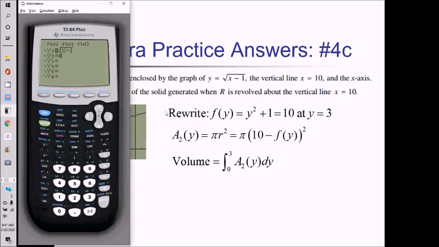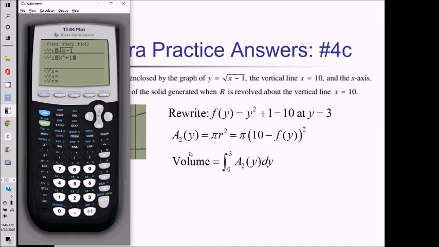To make this task a little bit more manageable, I'm going to do some work in my y equals. For one thing, I'm going to enter this f of y function in my y equals, only I can't really use y in here. I'm going to use x instead. I'm going to call this x squared plus 1. And it'll be okay using x's instead of y's. You'll see, as long as we do our integral function with dx instead of dy, this will all work out the way it's supposed to.